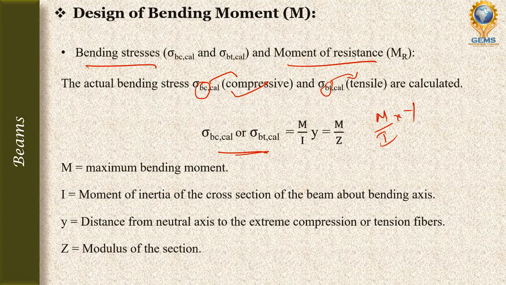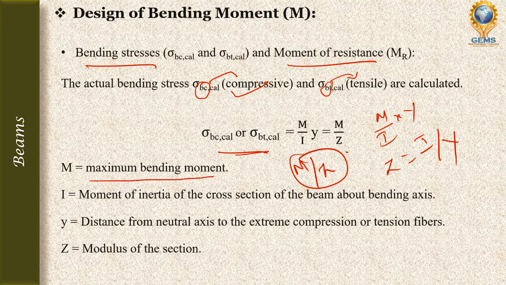And we know the modulus of section Z is equal to I by Y. So here we substitute this modulus of section in the above equation, and the equation becomes M by Z. So sigma BC or sigma BT calculated is equal to M by Z, where M is the maximum bending moment.